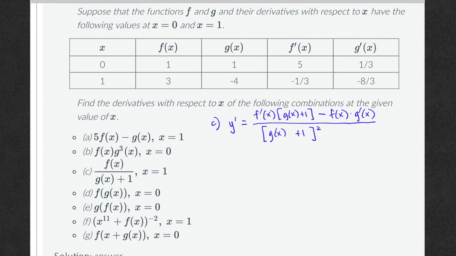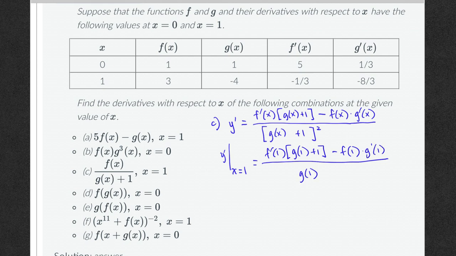And so we evaluate the derivative at x equals 1 because we were told x equals 1. Everywhere we see an x, we replace x with 1: f prime of 1 times g of 1 plus 1, minus f of 1 times g prime of 1, over g of 1 plus 1, squared.